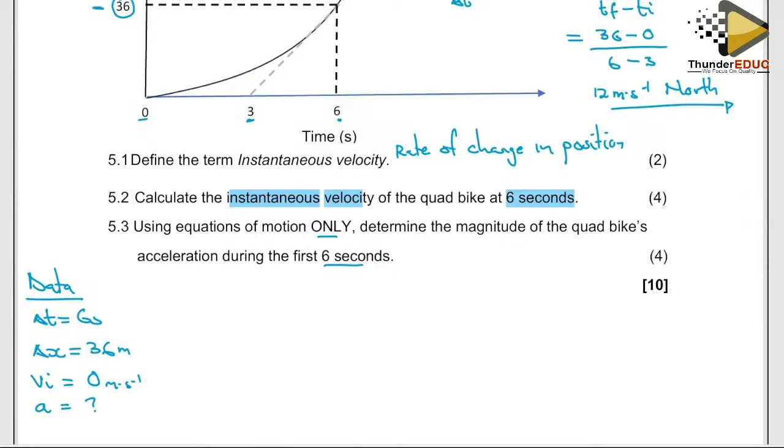According to this information, if I go to my data sheet, I'll find that I can use delta x equals Vi delta t plus half a delta t squared, right? So my delta x, which is my displacement of 36 meters, is equivalent to initial velocity, which is 0, multiplied by time, which is 6 seconds, plus half my acceleration, which is unknown, a, then my t is 6 squared.